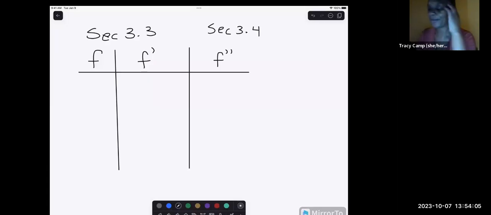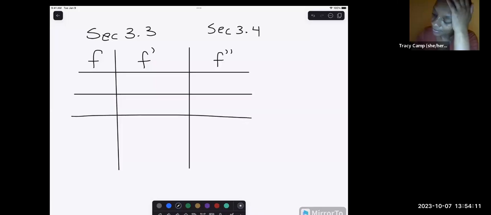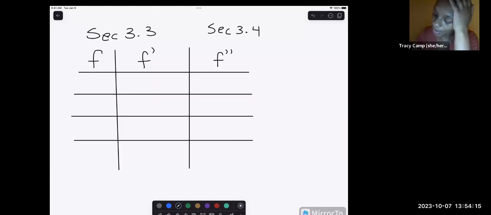And here's why. Back in section 3.3, I talked about how if F is increasing, what that means is that F prime is positive.